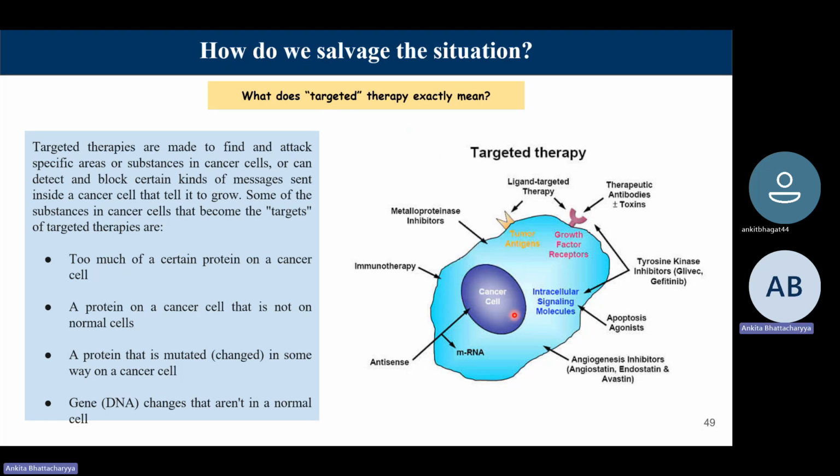Apart from that, you also have metalloproteinase inhibitors and different strategies for immunotherapy, all of which we will look at in some class or the other, when we discuss either the traditional methods for treatment or the more advanced or newer strategies for controlling cancer cells.